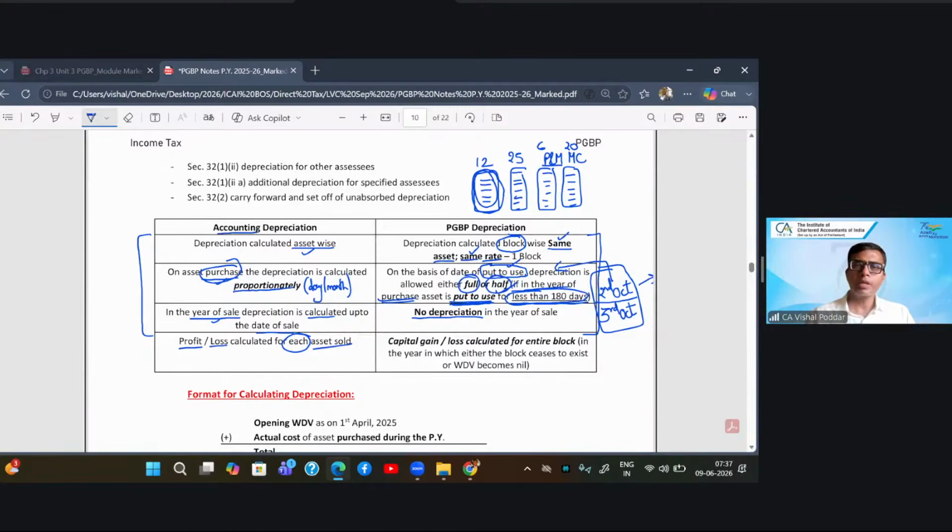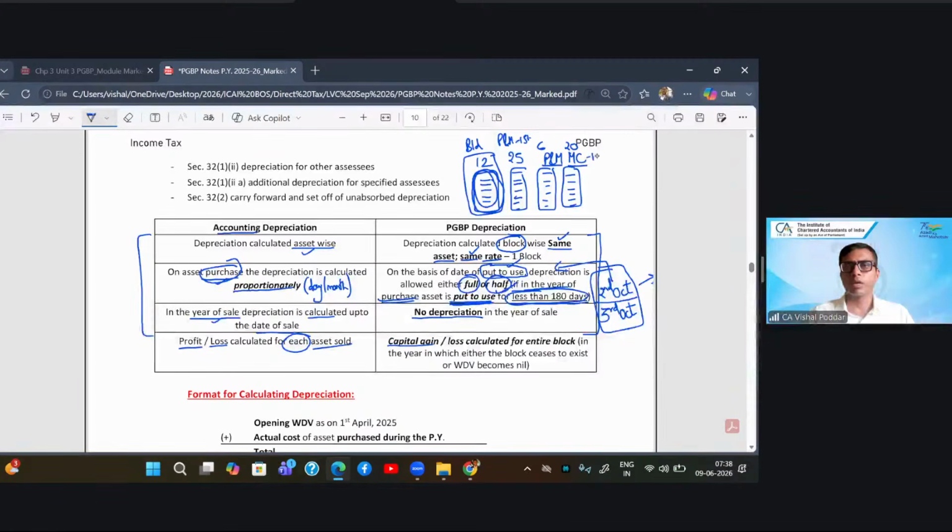Firstly, in income tax, I'm sure by now you'll understand that this profit and loss will be treated under a separate head, which is capital gain. Second point, what income tax says is now we have created groups or blocks. This is of building, this is of plant and machinery 15%.